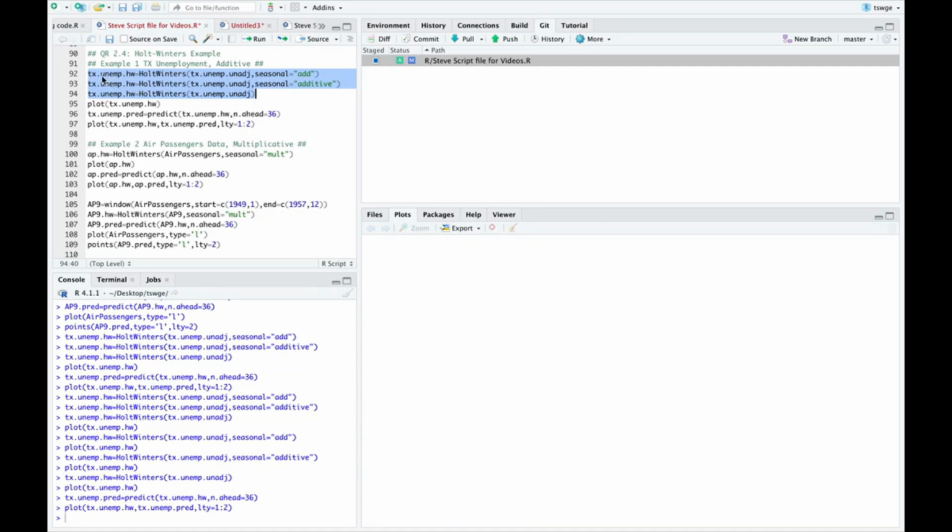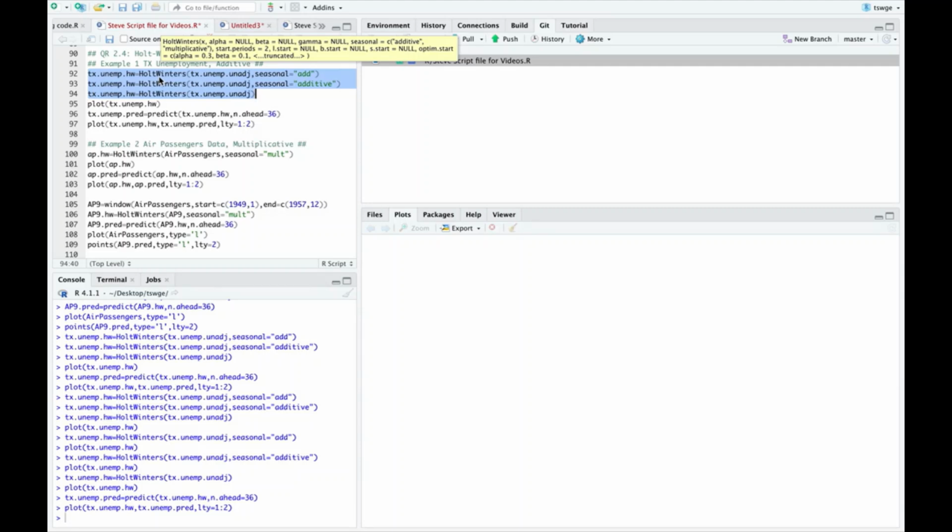So we're going to say Texas.unemployment.hw for Holt-Winters is given by, and here's the syntax, HoltWinters, be sure to capitalize the H and be sure to capitalize the W. Everything else is lowercase. And then parentheses, data set name, Texas unemployment unadjusted for us, comma, seasonal equals add or seasonal equals additive or nothing at all, because that's the default.